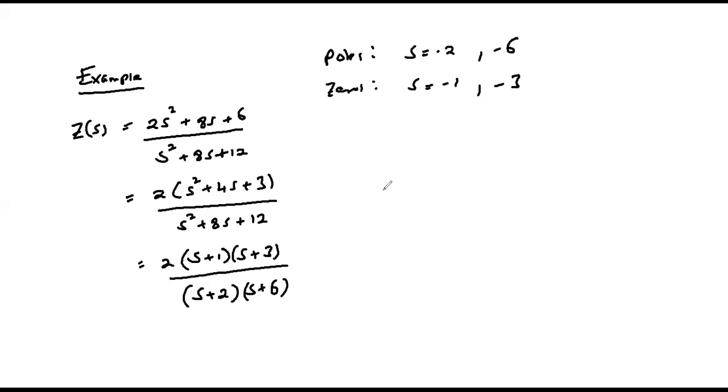If we sketch these on an s-plane, a plane of real and imaginary axes, we can mark 0, 1, 2, 3, 4, 5, 6, which are negative.